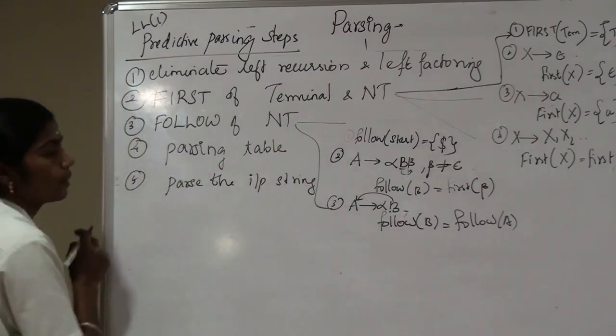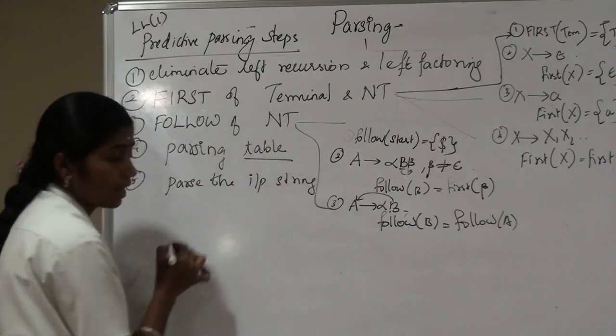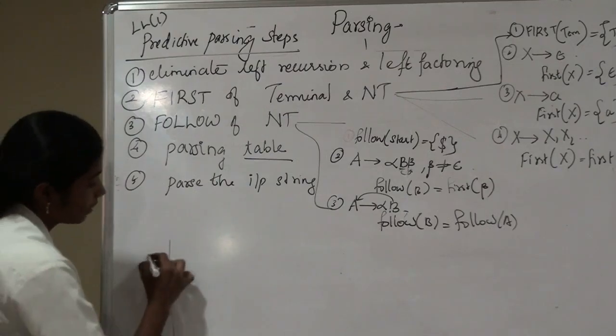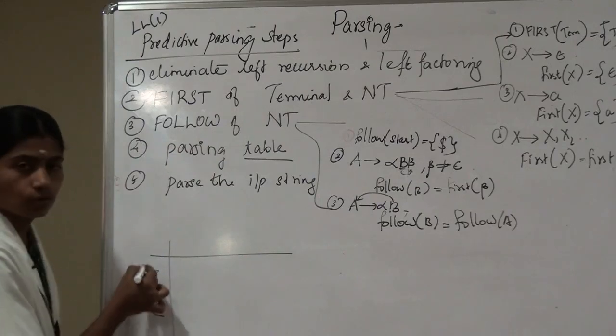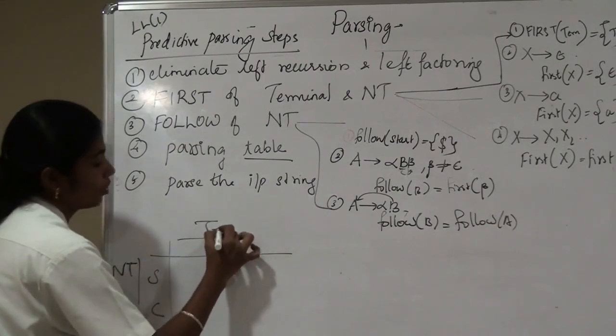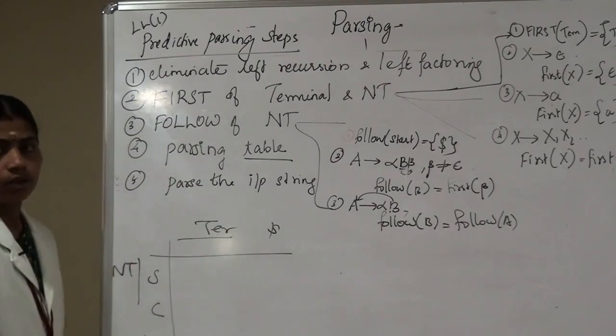And next is the parsing table. You will be having a table format in which the rows will be your non-terminals, and here you will be placing all your terminals and the dollar symbol, column wise.